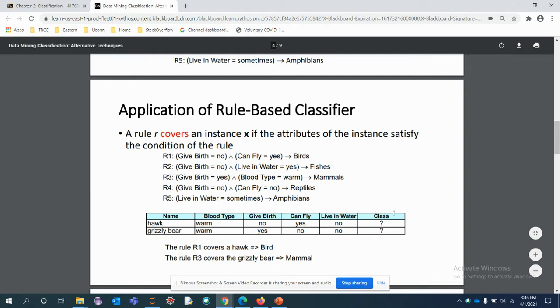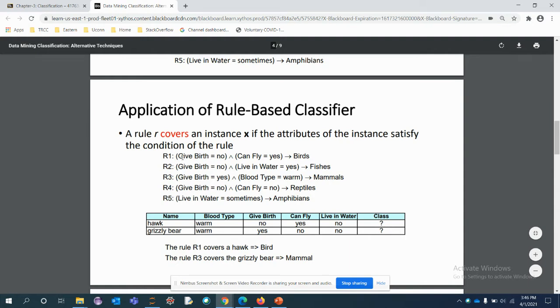So we just have a simple data set like this in this table, and now we need to find out which rule will cover which vertebrate. Hawk has certain characteristics, grizzly bear has certain characteristics, so depending on that, which class do they belong to? Here we need to make the classification based on that. So these are the different rules to be formed based on the previous slide rules.